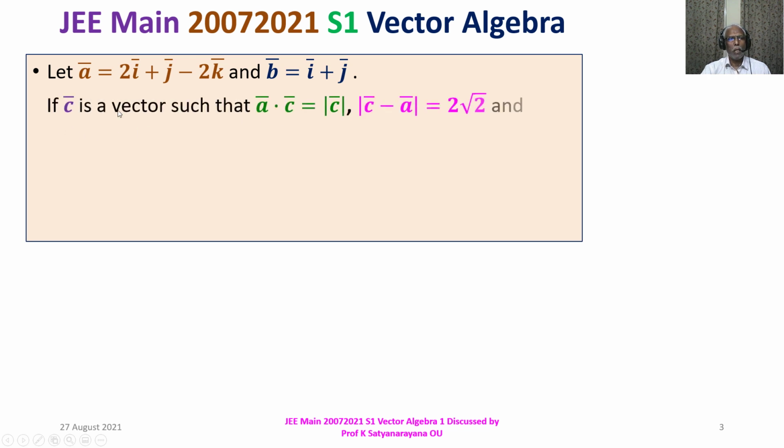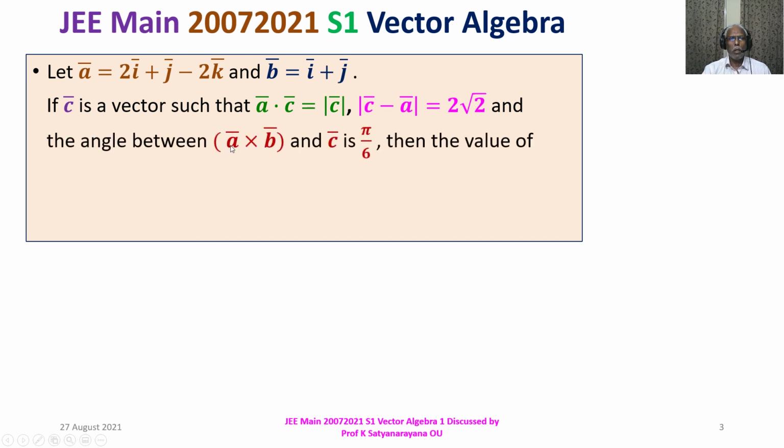If C bar is a vector such that A bar dot C bar is equal to modulus of C bar, and modulus of C bar minus A bar is equal to 2 root 2, and the angle between A bar cross B bar and C bar is pi by 6, then the value of mod of in brackets A bar cross B bar cross C bar is, the four options are given to you.